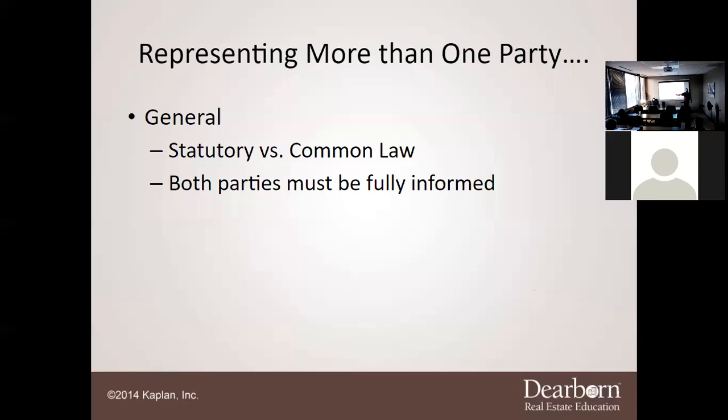If I'm representing Leela as the listing agent, and Miss Leela tells me that she wants me to sell her house, I need to explain to her in the listing contract what intermediary status is when I allow it. Because if she's a normal seller, she's not sitting in my classroom tonight listening to what intermediary status is.